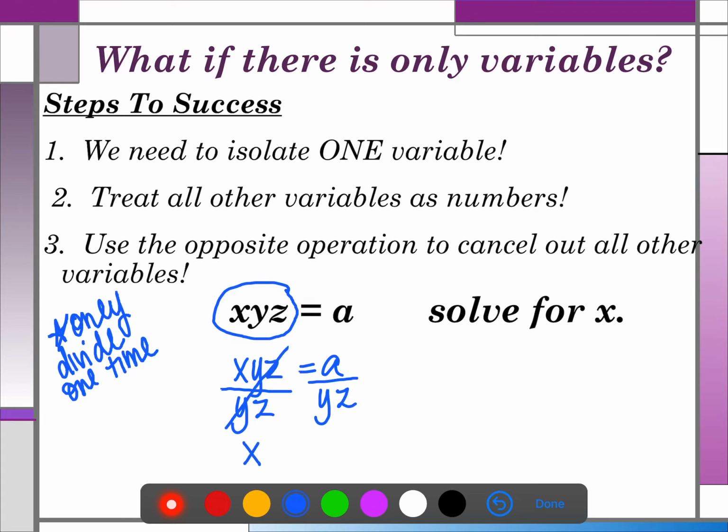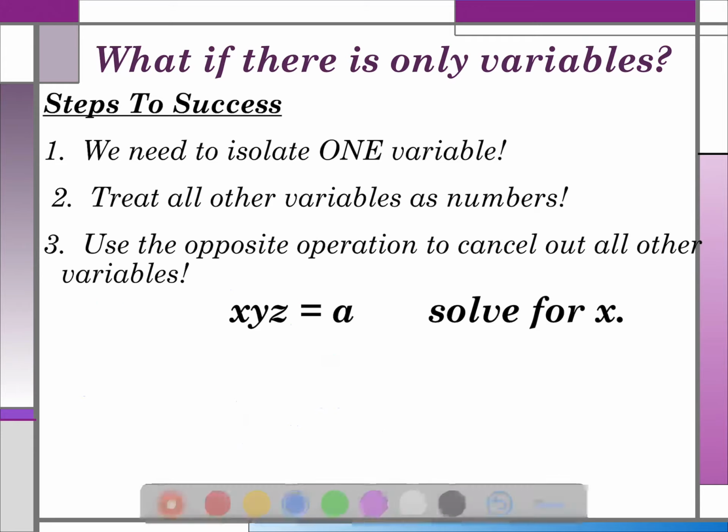So they cancel, leaving me with just the x, and now I have a divided by yz. Okay, and a division like this, you can leave. There's really no way to make that answer look any better. There's no way to simplify or reduce that expression. So you can just leave it as a over yz.